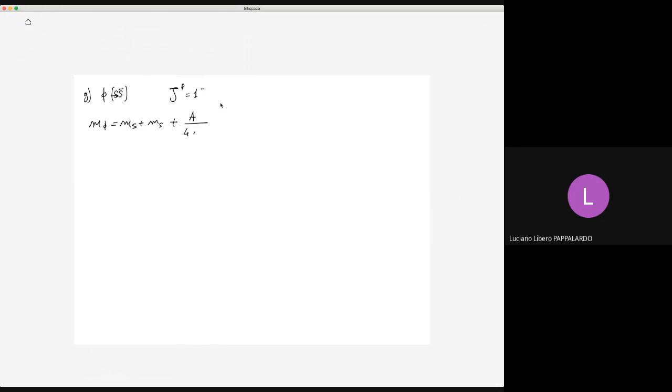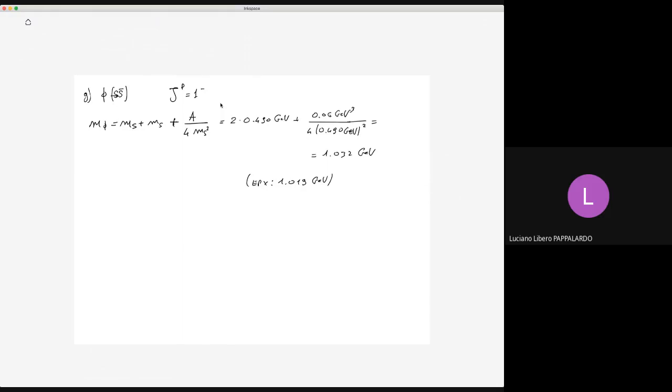So this is A divided by 4 times the mass of the strange quark squared, and we have a plus sign here in this case. So this is twice 0.490 GeV plus 0.06 GeV to the cube divided by 4 times 0.490 GeV squared, and the result is 1.032 GeV, to be compared with the experimental value, that is 1.019 GeV approximately. So again, a very good agreement. All the others you can do as homework.